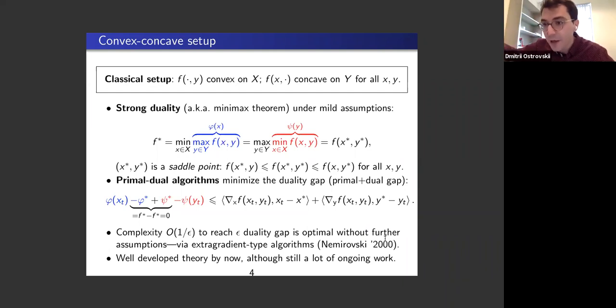I am skipping a few recent papers that refine this theory, that considered what happens when the objective is strongly convex, strongly concave, and lower bounds. But my message here is that we basically know how to do this, and this is usually done in the primal-dual framework.